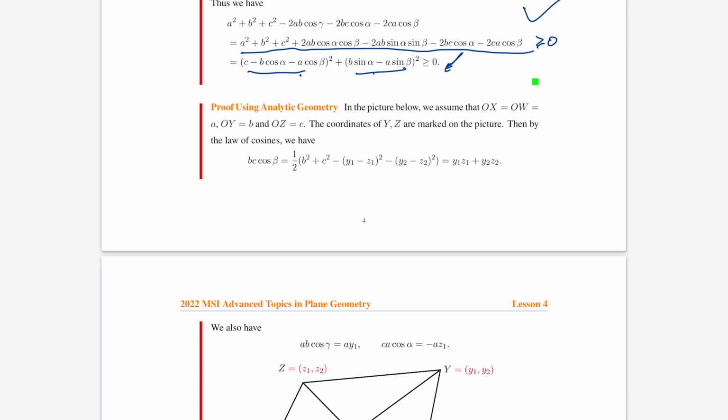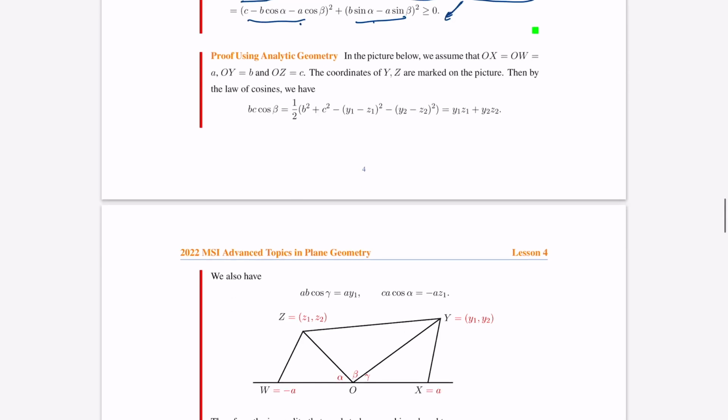Since alpha plus beta plus gamma is equal to 180 degrees, I can actually draw this picture, making this to be A, and this to be negative A, which I can do. And so then I can rotate from A counterclockwise, say by the angle of gamma, and I can define Y.